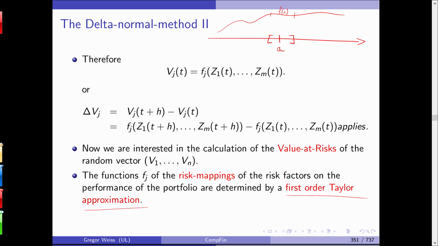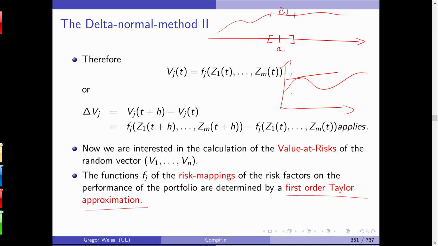As you probably know, a polynomial is a constant plus a linear term plus a squared term plus x raised to the third power and so on, and you simply leave out those higher order terms and you have a function that is linear. So in other words, from derivatives, you know that you would simply use in this point a linear function that approximates the function. This is more or less the idea of a first order Taylor approximation.